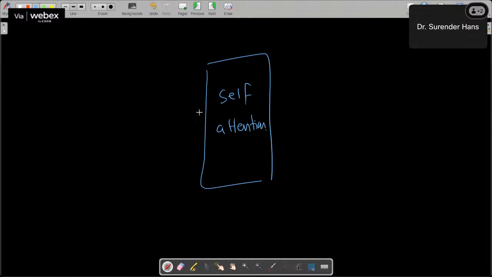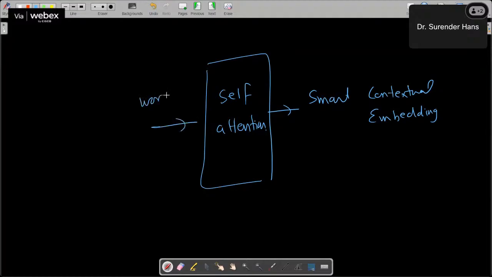Self attention is such a mechanism that generates smart contextual embedding from this word embedding. Let's say this one is a word embedding.